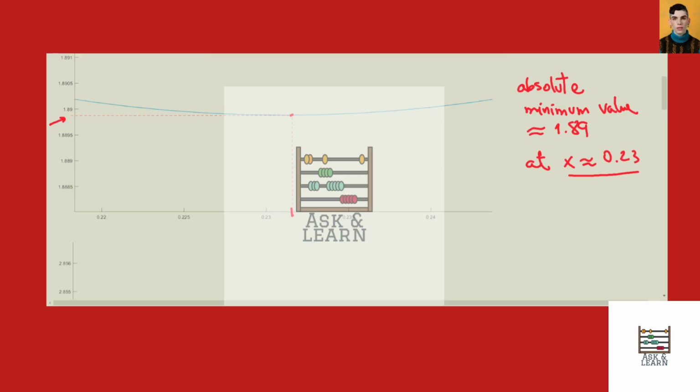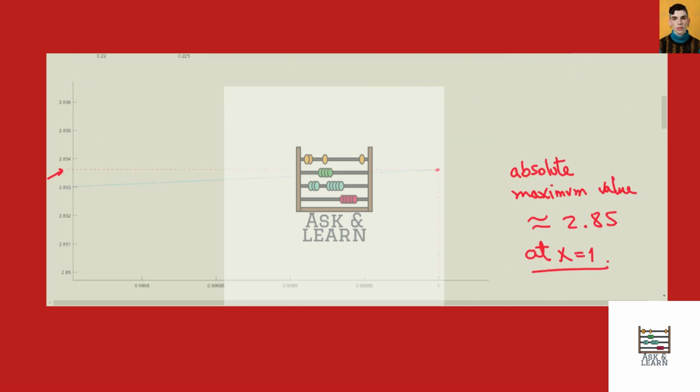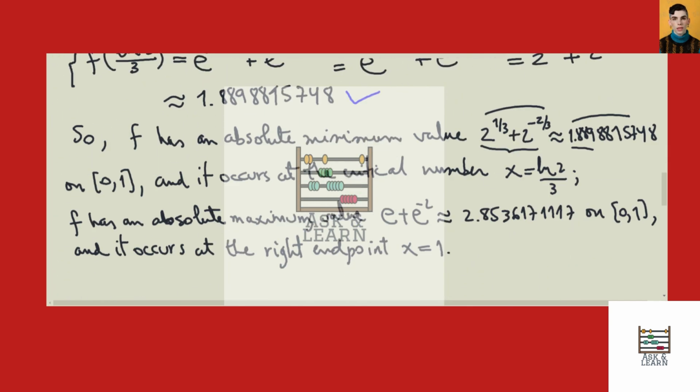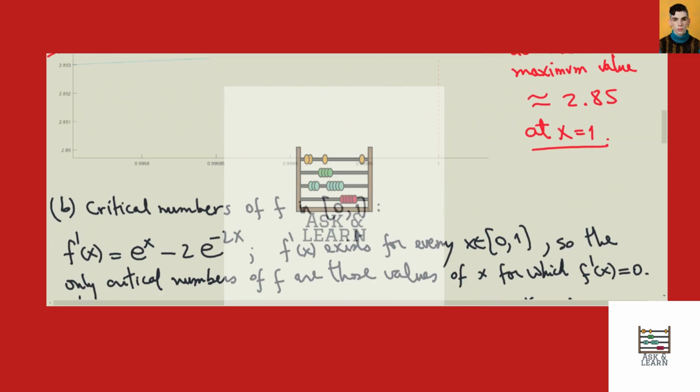Absolute minimum is a critical number where the derivative is 0. And the value of the absolute minimum is around 1.89, and it occurs at about 0.23. So that is correct. And for the absolute maximum, it occurs at the right point 1, and it's about 2.85, as we saw here.